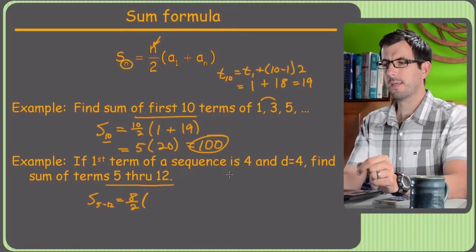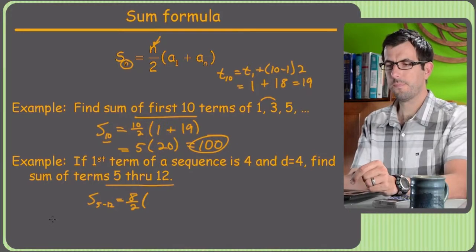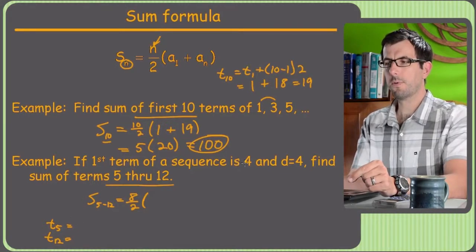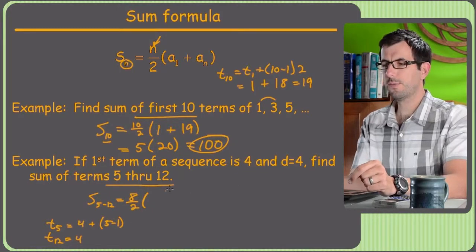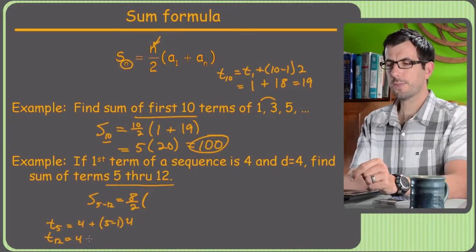So I need the 5th term, and I need the 12th term. So in both cases, it's going to be the first term, which they told me is 4, and then 5 minus 1, and they told me d is 4. That was nice of them. Now in this one, since I'm finding the 12th term, it's going to be 12 minus 1 times 4.